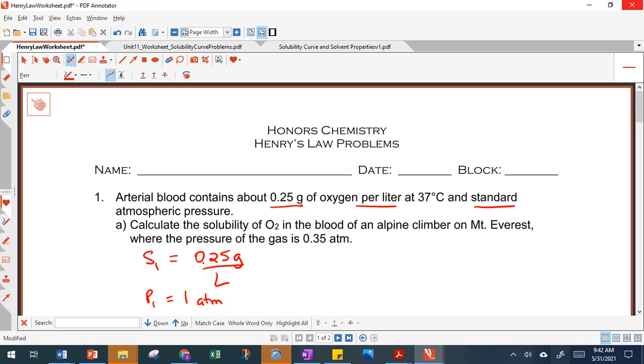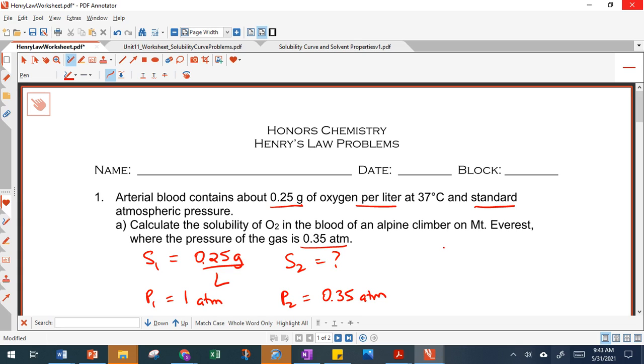Remember that's 1 atm or 760 millimeters of mercury. Here they're asking, what is the solubility of oxygen in blood if you climb Mount Everest, and the pressure now is 0.35 atmospheres? So P2 is 0.35 atmospheres, and they're asking us, what is S2?